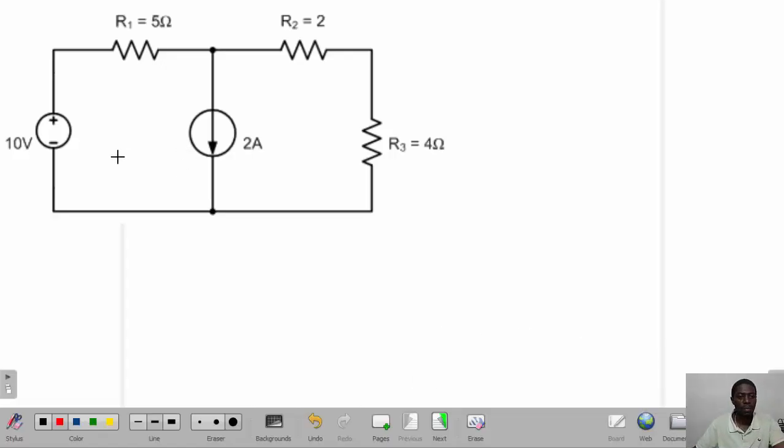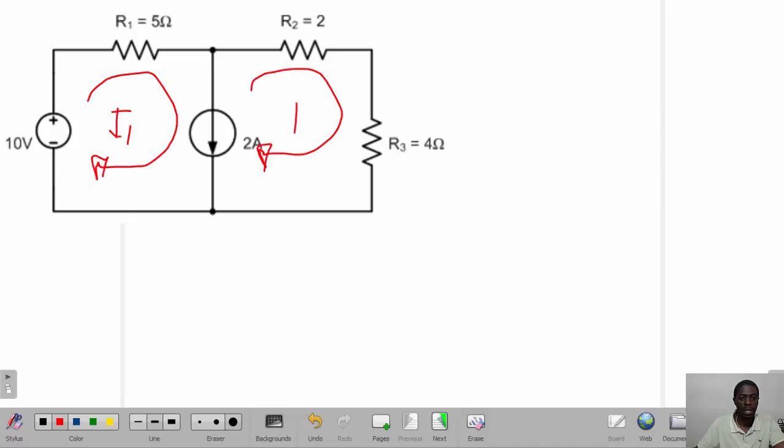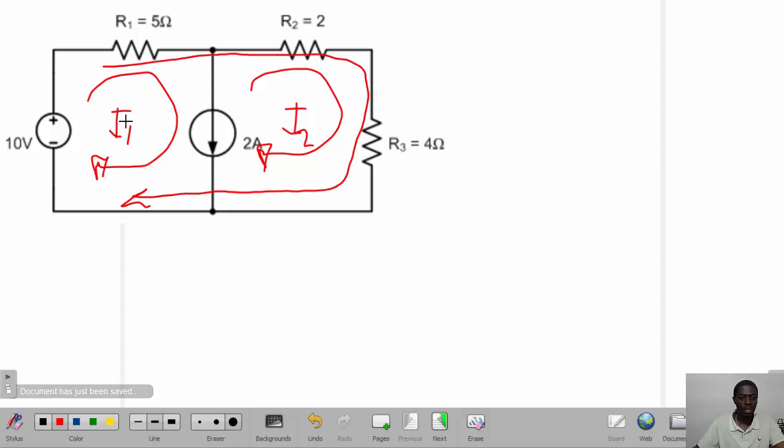Okay, so this is our example one that we look at in mesh current method. If you remember, we have a scenario where the current source is in between two meshes. If we take this as mesh 1, we have I1, and we take that as mesh 2, we have I2, and then we've got what we call a super mesh that is considered around this loop.